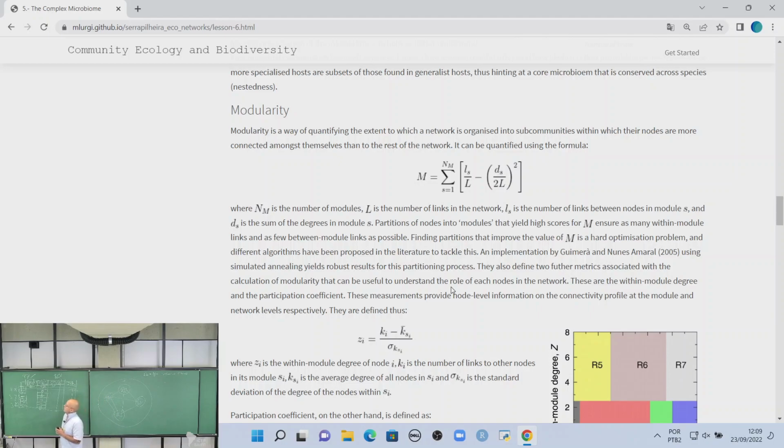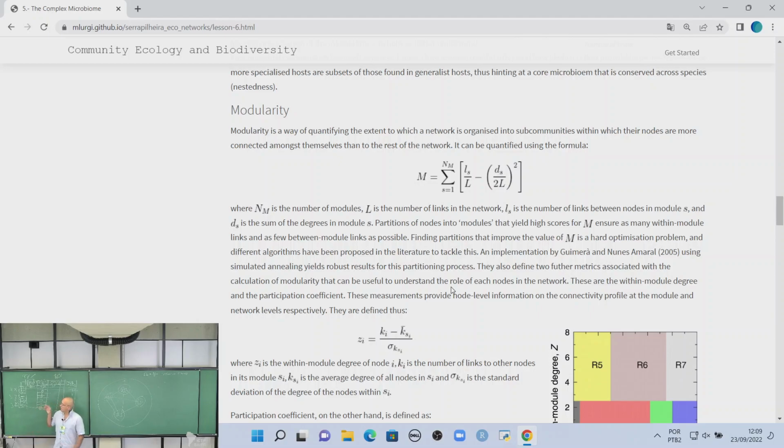I put the reference there in case you are interested in the specificities of the algorithm and if you want to try it yourself. It's also available in R and many different languages, as a library, so you can just use it like that.